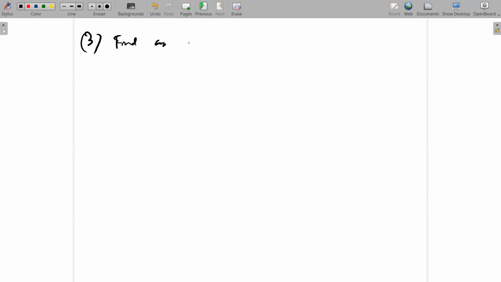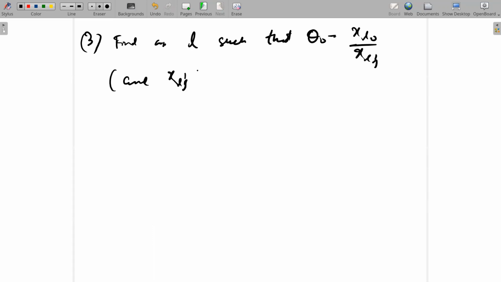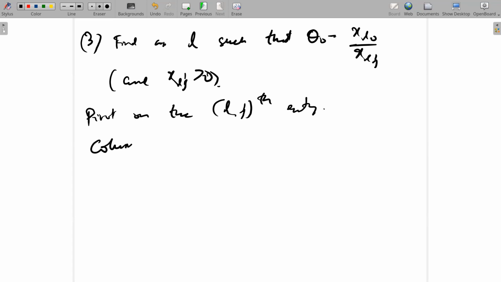So find an l such that theta naught is equal to xl0 divided by xlj, and xlj is strictly bigger than 0. That is given. So now what we do is pivot on the l,j-th entry, or in other words, column j enters and column B_l exits.